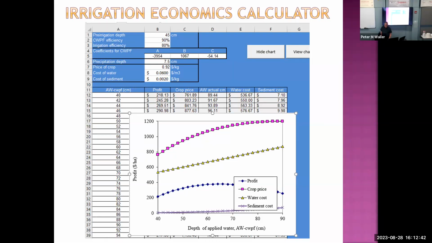So that would be the irrigation system that you're using. Crop water production function efficiency. So that's the system you use to generate the crop water production function, like drip. And then pre-irrigation depth, like how much water was applied to germinate the crop that I suppose you could say is wasted by leaching below the root zone.